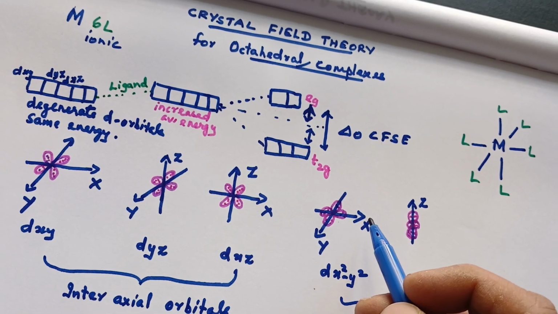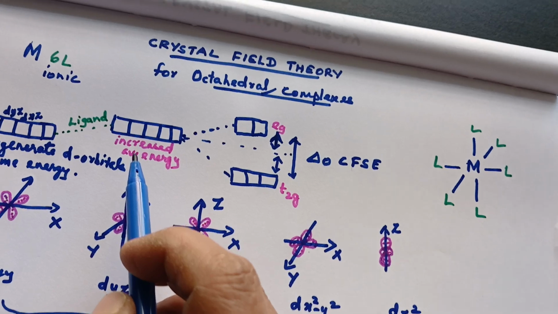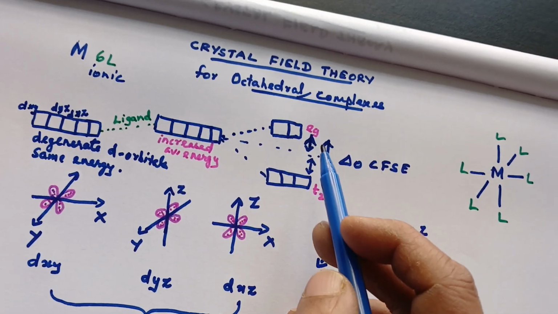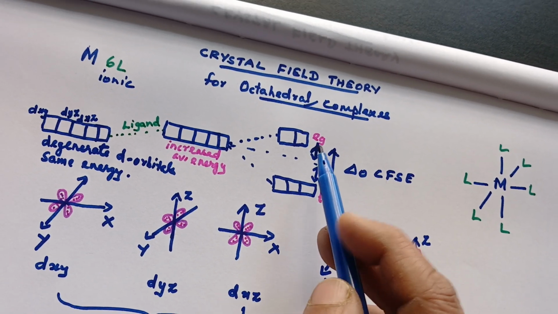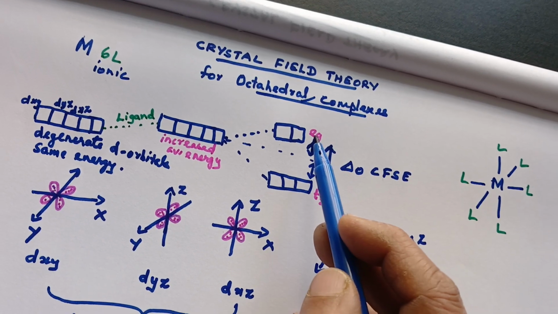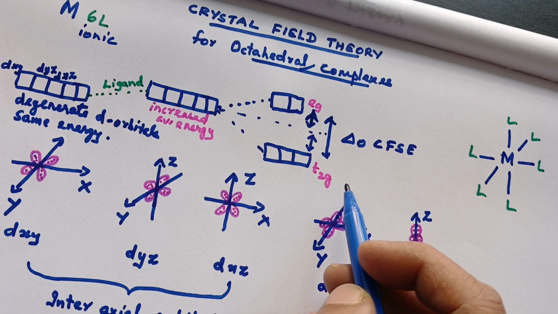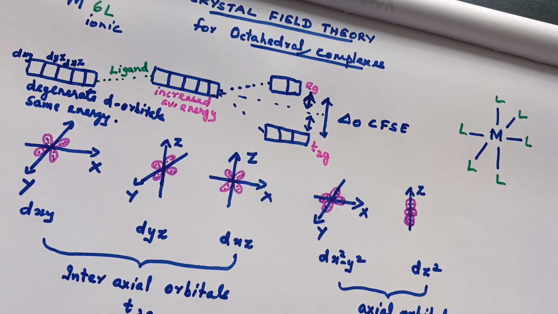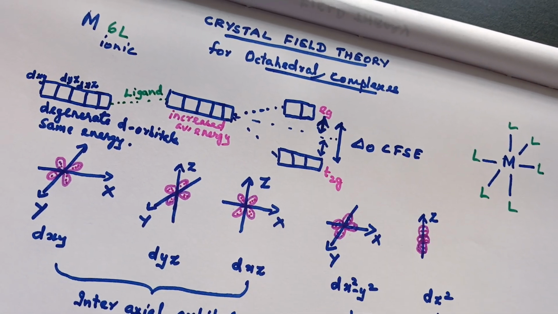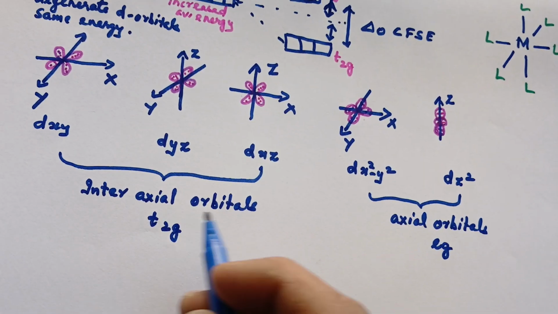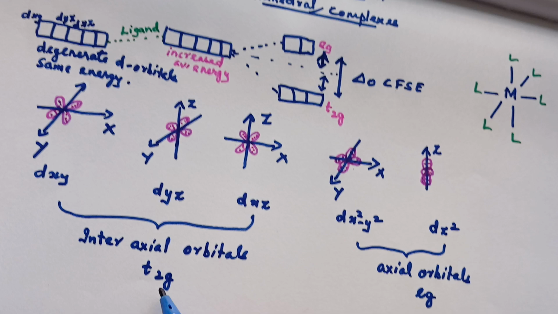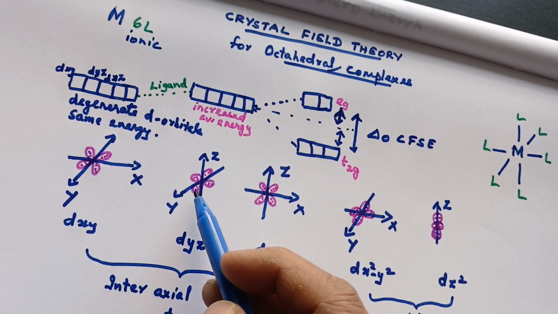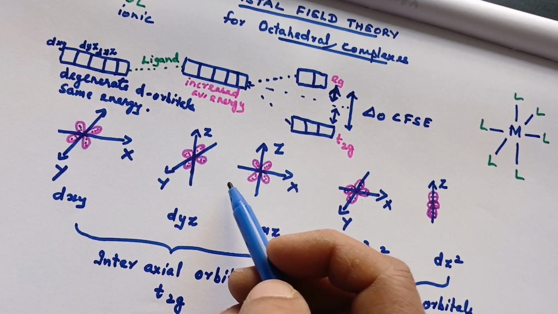So that increase in energy results in an increase in the average energy of the orbitals, and that in fact results in the splitting of the orbitals into two sets, that is the Eg set having higher energy and the T2g set having lower energy. So the axial orbitals end up being the Eg set because they lie along the axis, and the interaxial orbitals become the T2g level because they lie in between the axes.